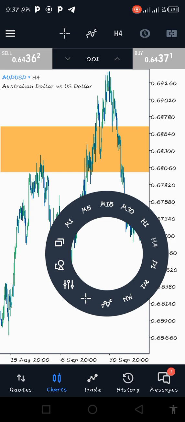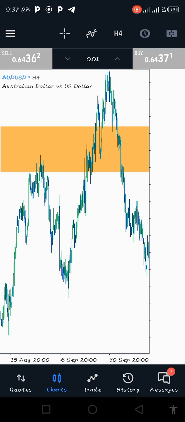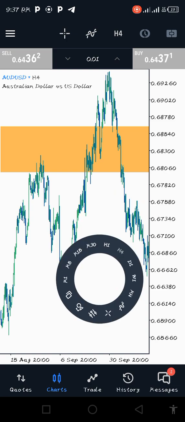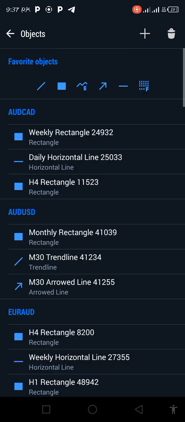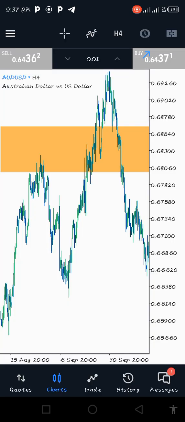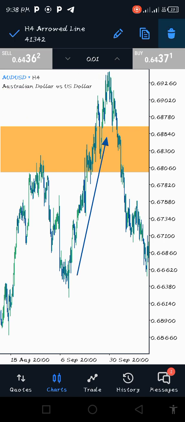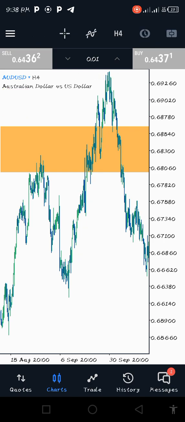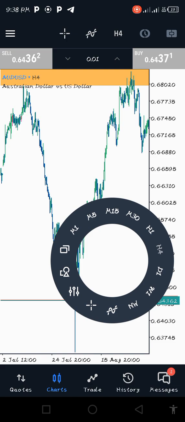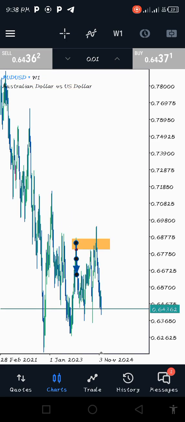Let me delete, after price moved above the first zone, after price moved above this zone and violated this zone completely. Let's see now how could we be having our bias. Let me delete that on the weekly time frame.